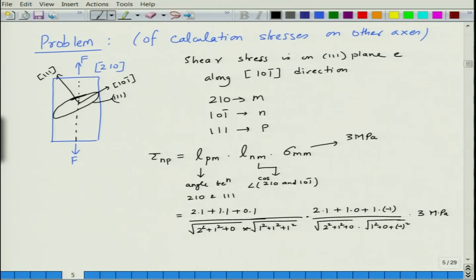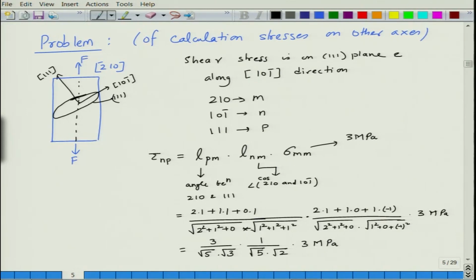This will turn out to be 3 divided by square root of 5 into square root of 3, and then 1 divided by square root of 5 into square root of 2, into 3 MPa.